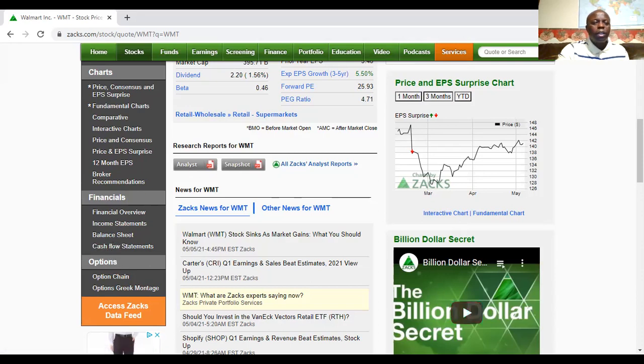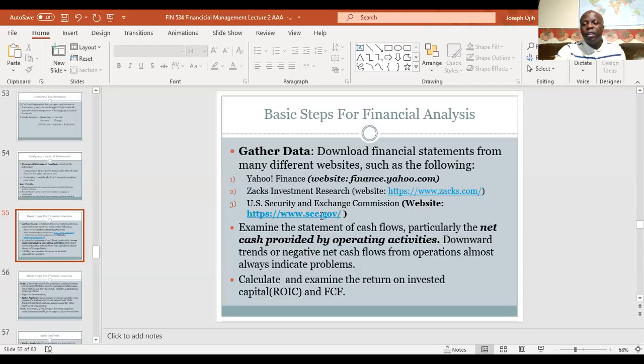Now, the other website you can also go to is the SEC, the Securities and Exchange Commission. It's a regulatory agency. Every company that is publicly traded on US stock exchanges is required to file their financial reports with the SEC.